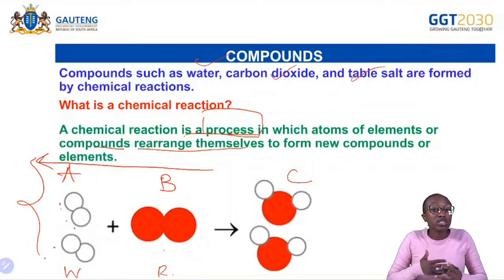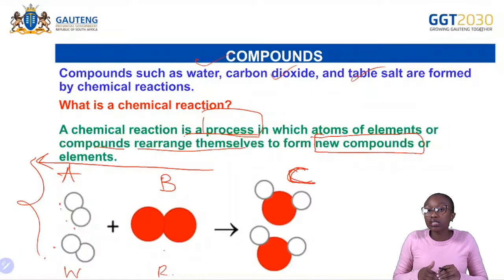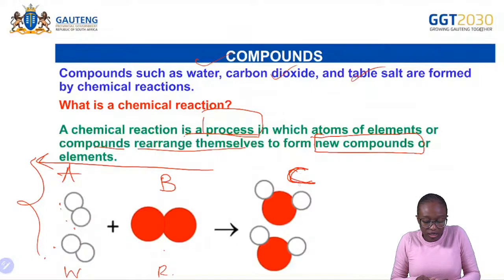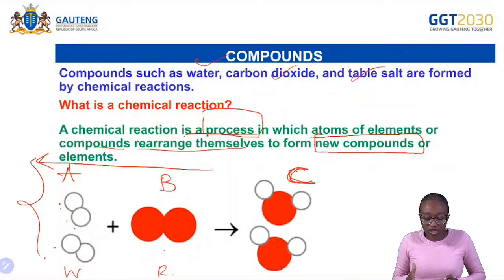The atoms rearrange themselves and give us product C, which is the new compound. If you compare the left hand side of the arrow and the right hand side of the arrow, you can see there is a huge difference on how the atoms are arranged, or on how the atoms are bonded to each other.